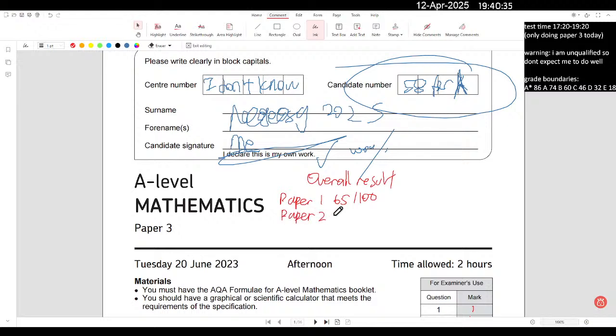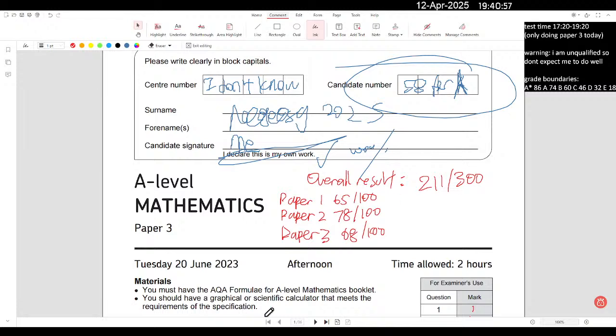Paper 2, I got 78. And paper 3, I got 68. So, overall result is what out of 300? 65 plus 78 plus 68. 211 out of 300.